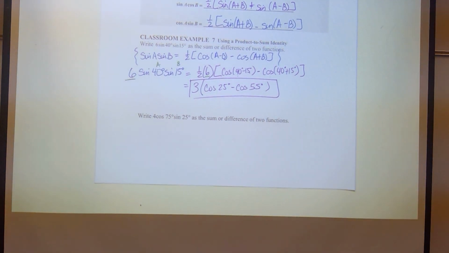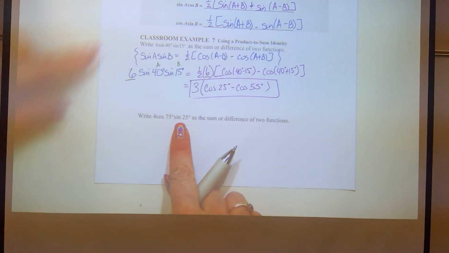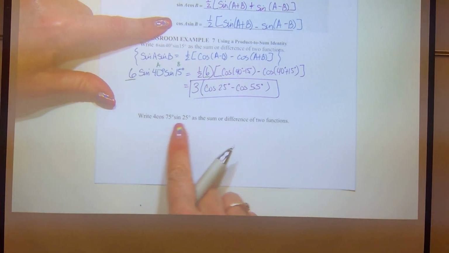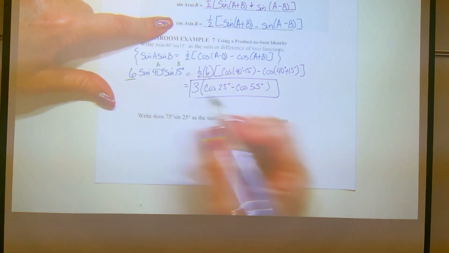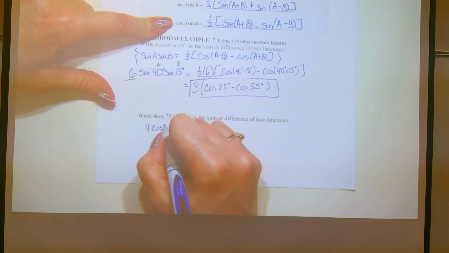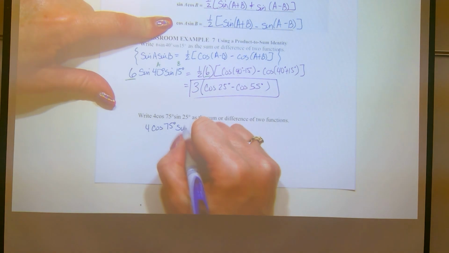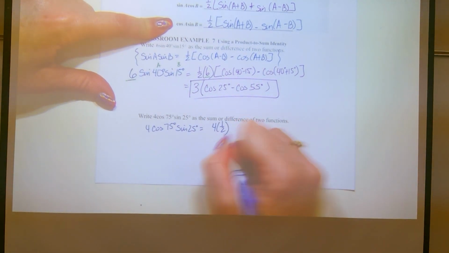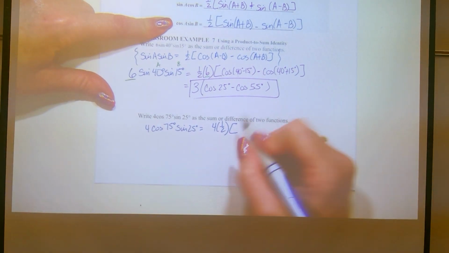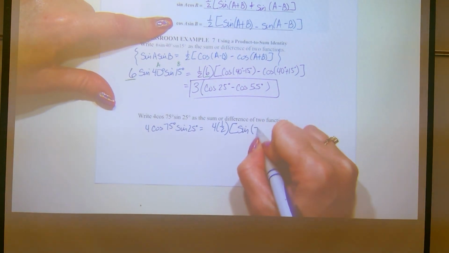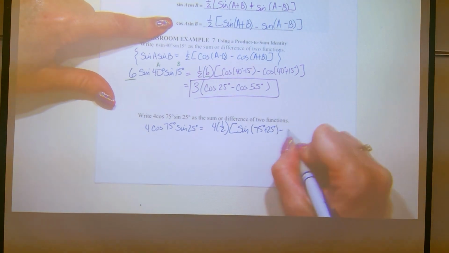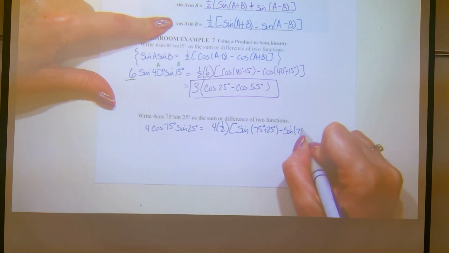All right, let's talk through the next one. We've got cosine A sine B. Cosine A sine B is that fourth identity in our list, and we are multiplying in a factor of 4. 4 cosine A sine B is, well, that's going to be half of 4 out front, sine of the sum minus sine of the difference.